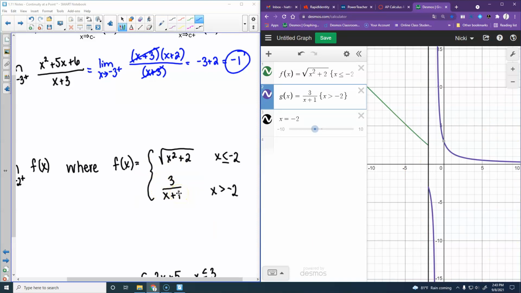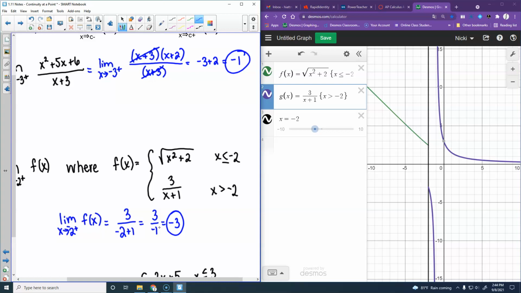So if we're approaching from the right, the limit as x approaches -2 from the right of f of x is going to be 3 over -2 plus 1, which is 3 over -1, which is -3.